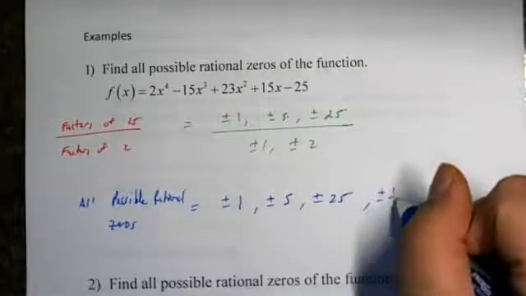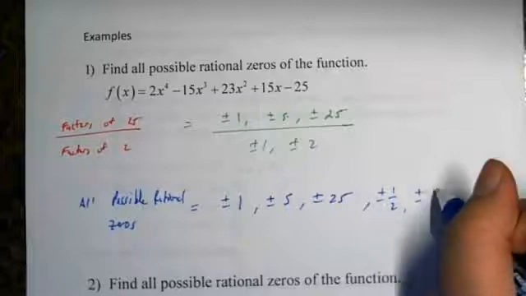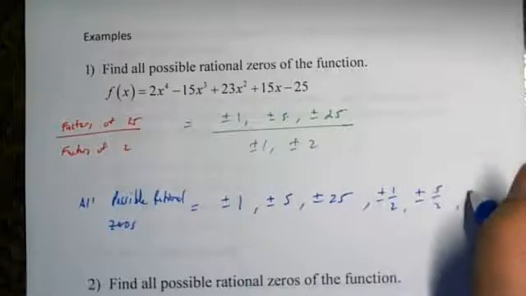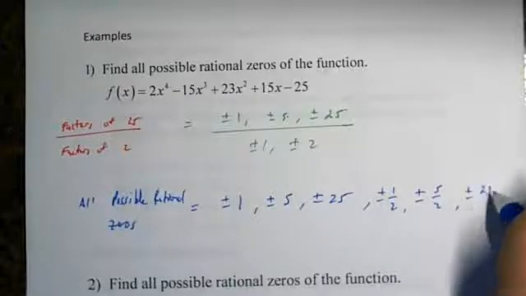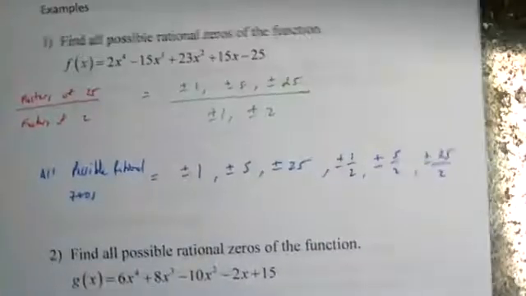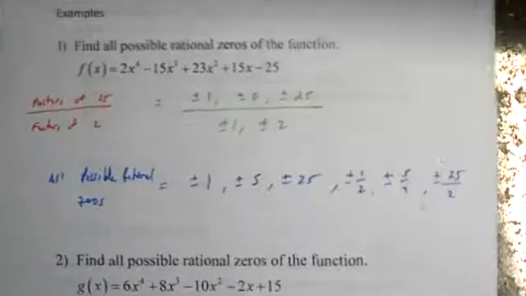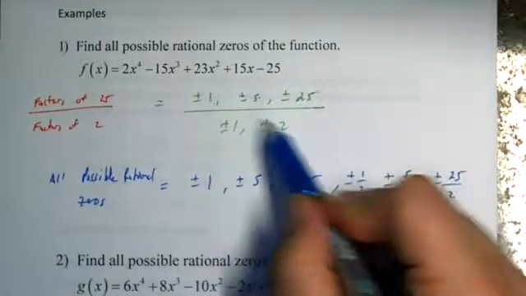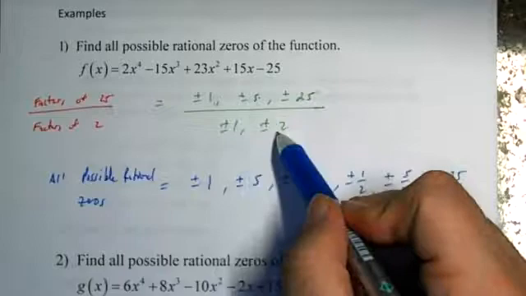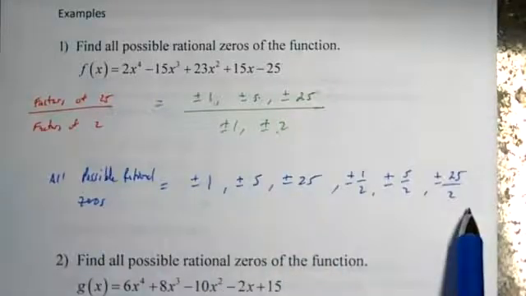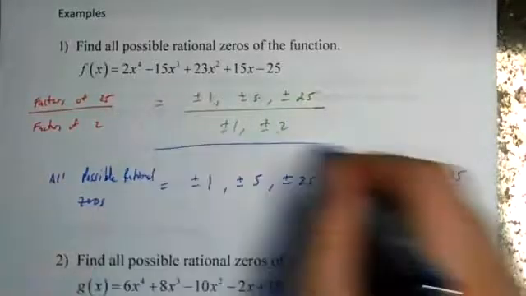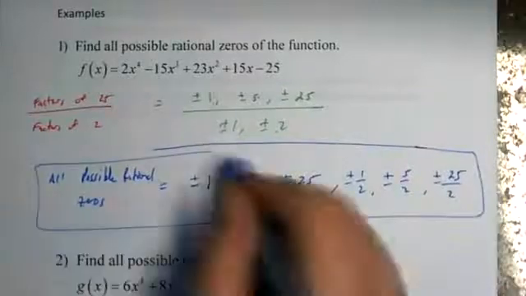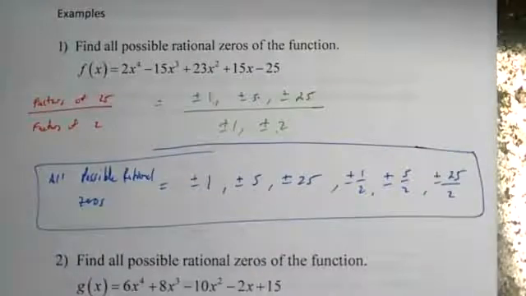Plus or minus 1/2, plus or minus 5 halves, plus or minus 25 halves. That's it. We take each of these over 1, then each of these over 2. We'll write the list. This is the list of all possible rational zeros.